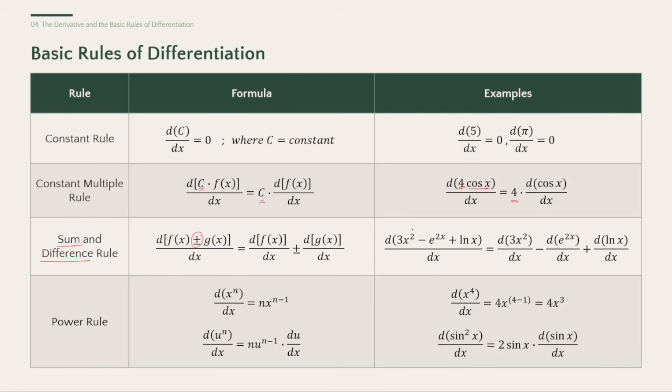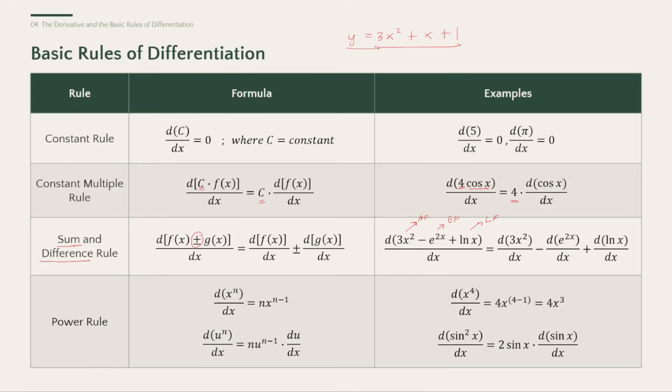Just like this one, we have 3x squared, an algebraic function. This one is an exponential function. And this one is a logarithmic function. It can also be applied if, for example, all are algebraic functions, just like this one. Actually, let's say we have this.